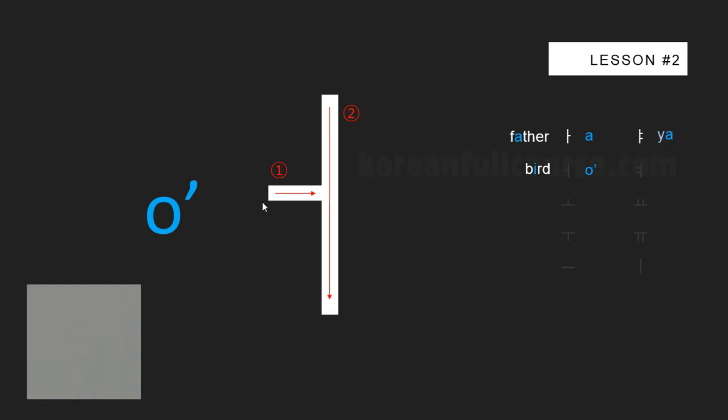So follow the rule, okay? Horizontal stroke first and then vertical stroke in case of letter O. When you write the letter A, you draw the vertical stroke first and then the horizontal stroke. And this O sounds like the letter I in the English word bird.